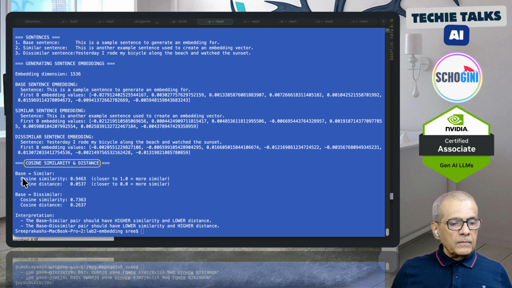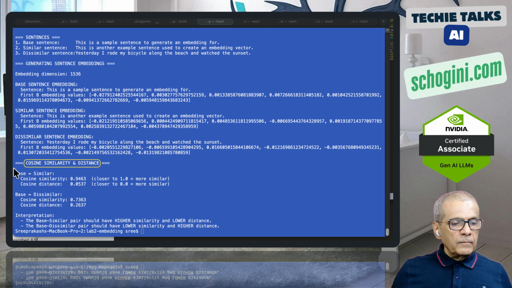So we compare the base sentence with the similar sentence. See, cosine similarity is 0.9. Closer to 1 means more similar. Okay. And cosine distance closer to 0 is more similar.